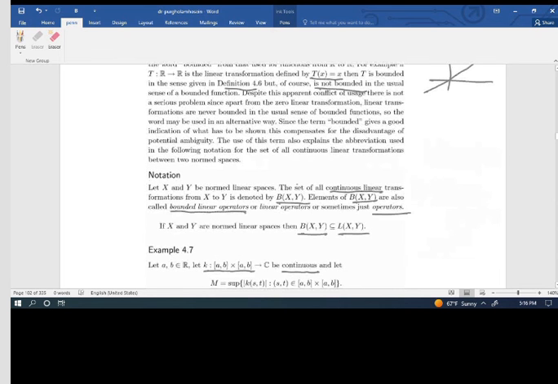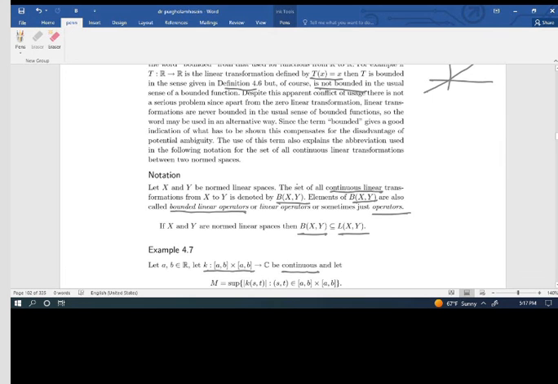Let X and Y be normed linear spaces. The set of all continuous or bounded transformations from X to Y is denoted by B of X and Y. Why do we denote this by B?